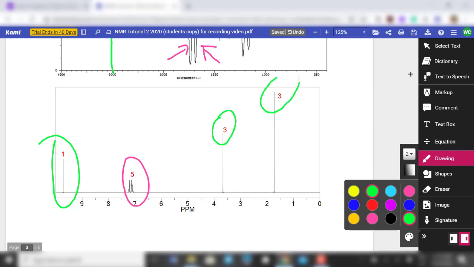So basically 3 likely to be methyl groups, singlets. One is slightly above 3.5, the other one is about 1.75. So from here we can probably guess that this particular methyl group is likely to be bonded to oxygen.